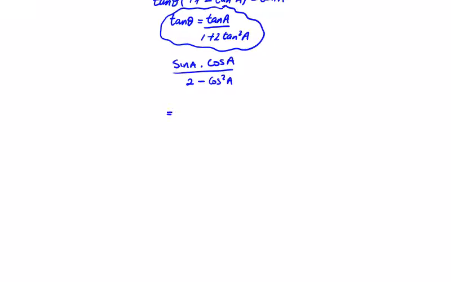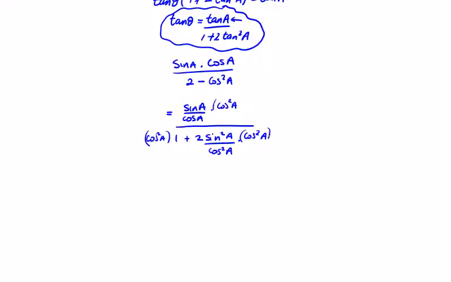So tan alpha is sine over cos, so sine alpha over cos alpha is this guy over 1 plus twice sine squared alpha over cos squared alpha. We multiply everything by cos squared alpha, we'll definitely get a 1 on the bottom. So on top we're going to be left with sine alpha cos alpha, which is what we're looking for.